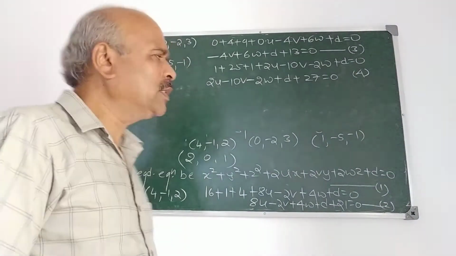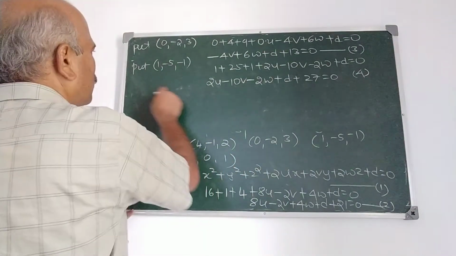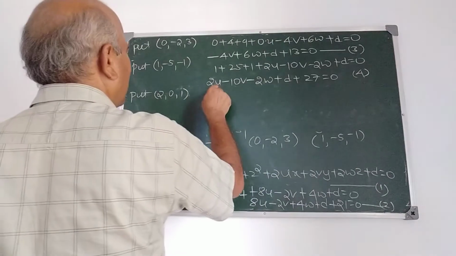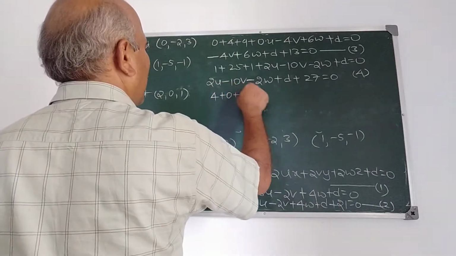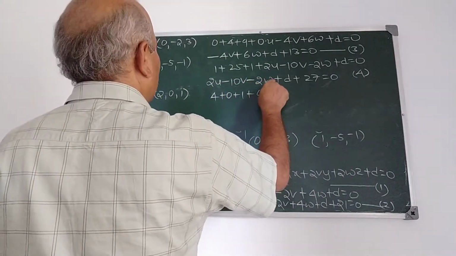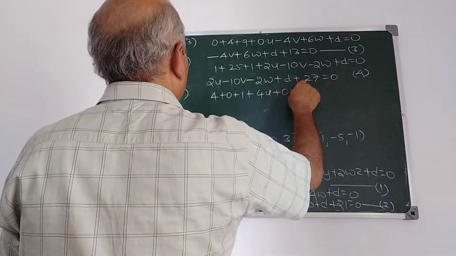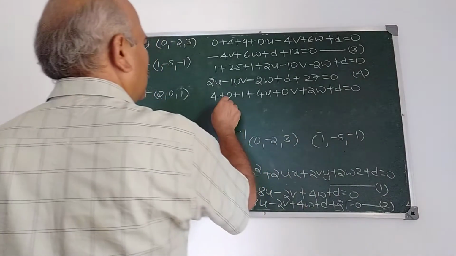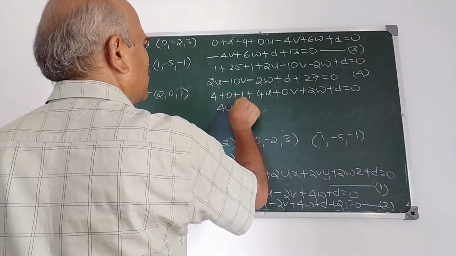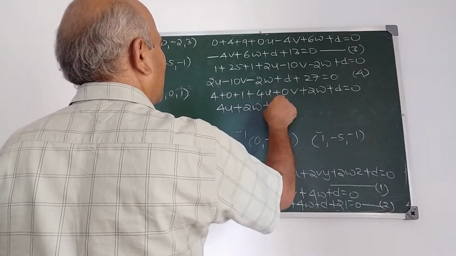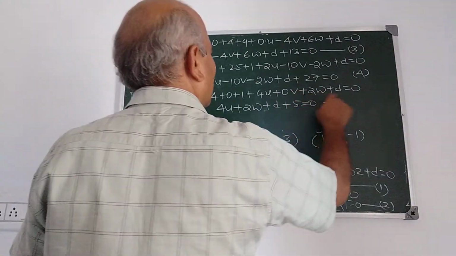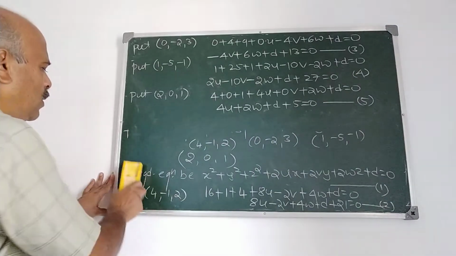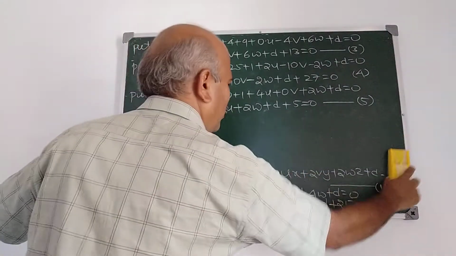And next, substitute (2, 0, 1). We will get 4 plus 0 plus 1 plus 4u plus 0v plus 2w plus d is equal to 0. So we get 4u plus 2w plus d plus 5 is equal to 0. This is 5. So we have 4 equations in u, v, w and d.